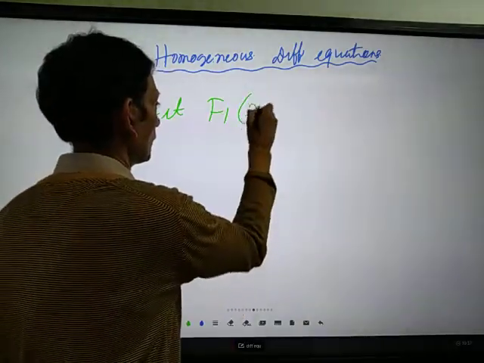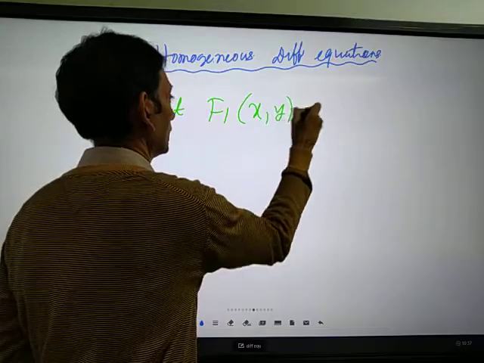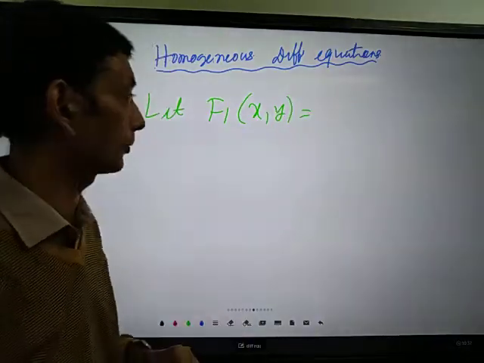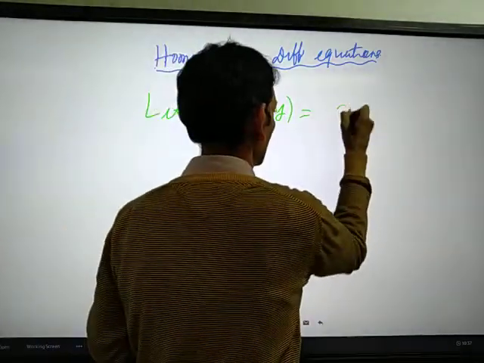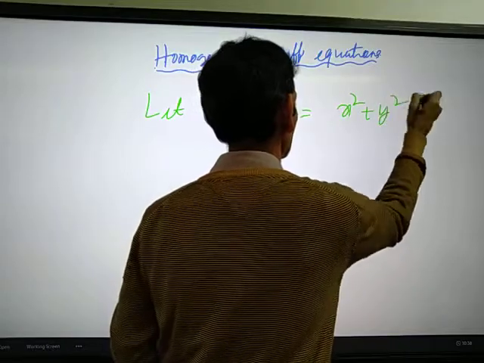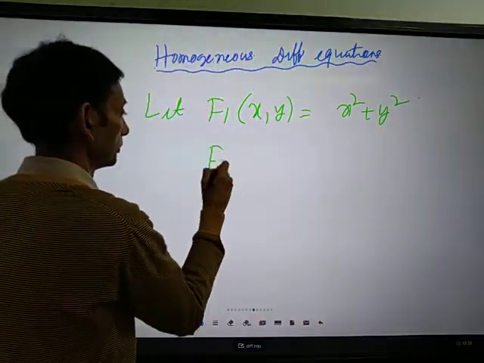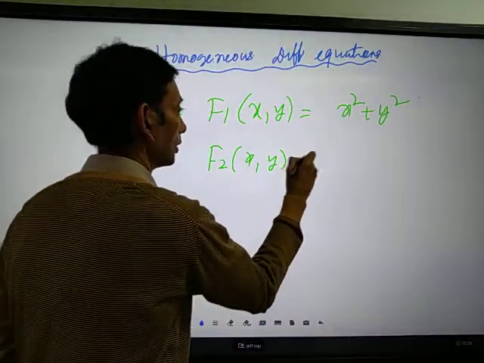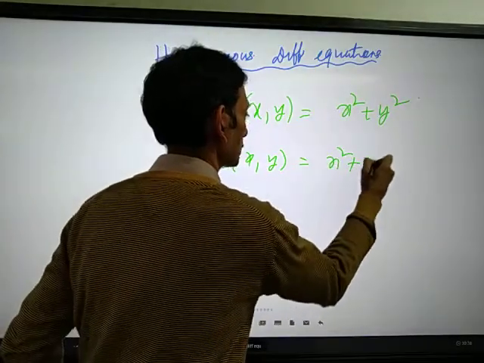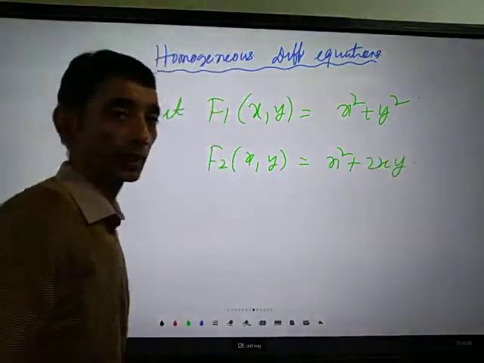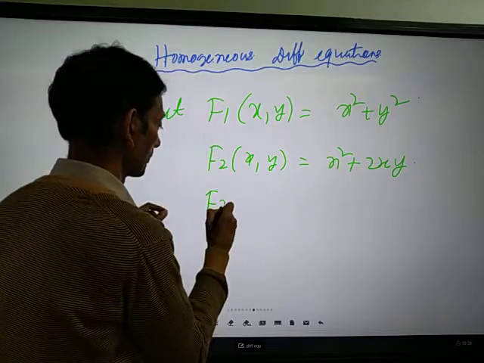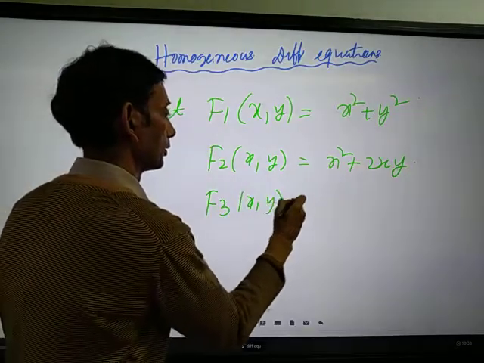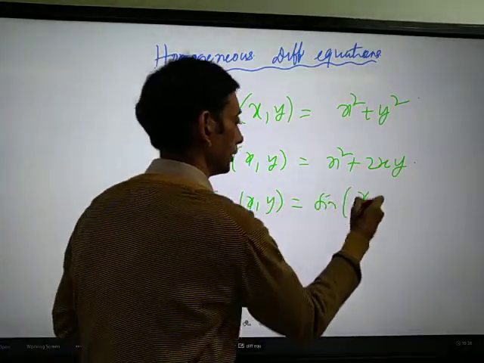Let us consider f1 as a function of x, y, say x squared plus y squared. And f2, x squared plus twice xy. Then f3, sine xy.